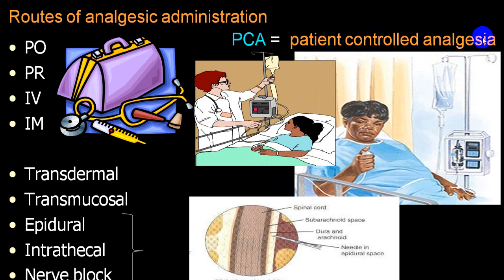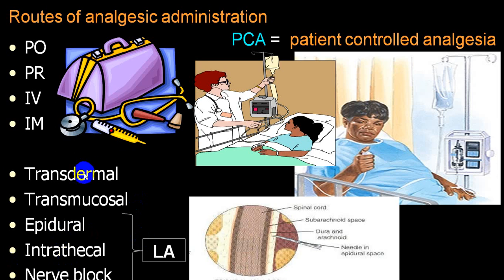patient controlled analgesia. These are also available in the form of a transdermal patch, transmucosal in the form of a jelly. Epidural, intrathecal and nerve blocks are mainly in the form of injections, and these are managed by pain clinics and pain specialists. You have additional things available also. These are all local anesthetics.